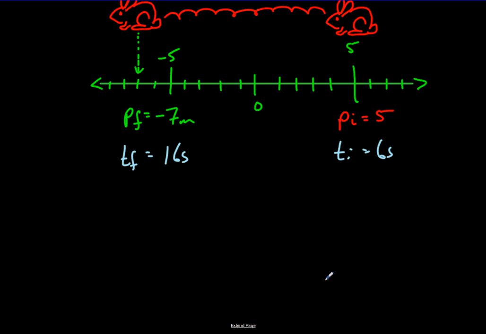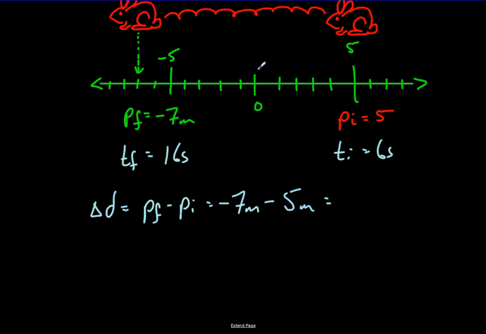Okay. Well, the first thing I want to do is solve for the change in displacement. We know the displacement from his initial position to his final position is his final position minus his initial position. His final position is negative 7 meters, and his initial position is 5. So what does that give us?